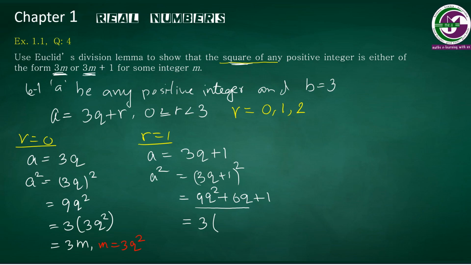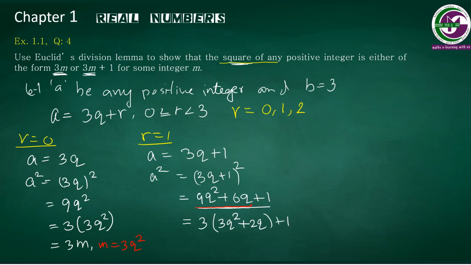In both the terms, there is 3. So that's why we are selecting 3 common. We cannot take 3 from all the 3 terms. So we'll select 3, take common from the first two terms. So 3 is taken common. So the remaining will be 3 times 3q square, because 3 times 3 is 9, plus 2q, plus 1 outside the bracket.